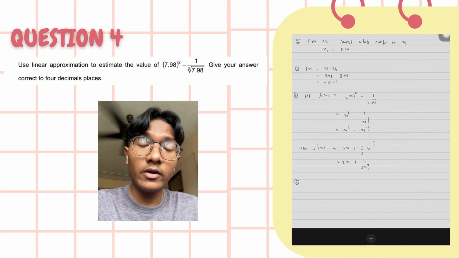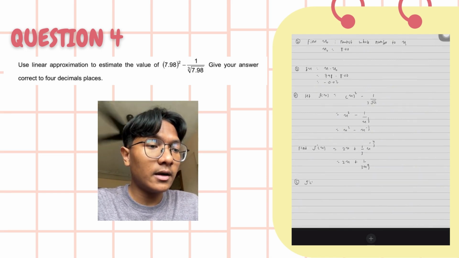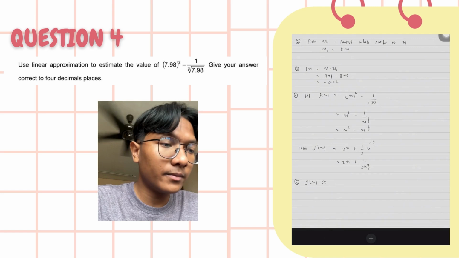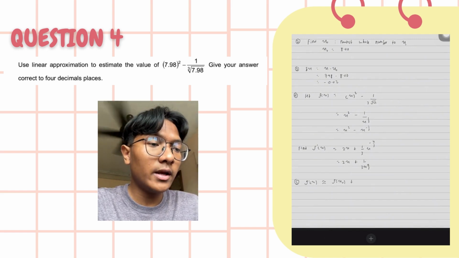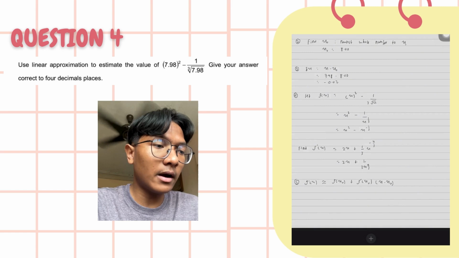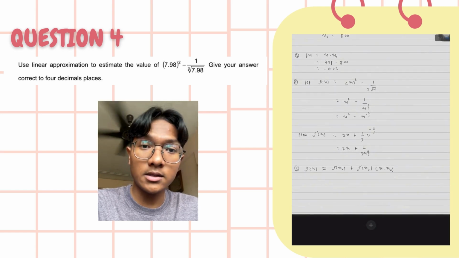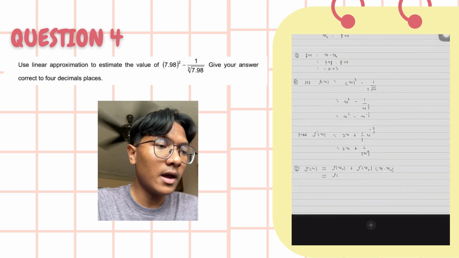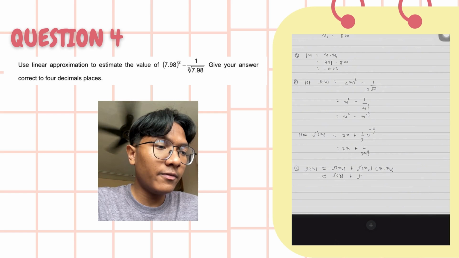So step number 5 is we have to substitute into the formula. So the formula is f(x) approximately equals f(x0) plus f prime(x0) times x minus x0. So f(8) plus f prime(8) times negative 0.02.